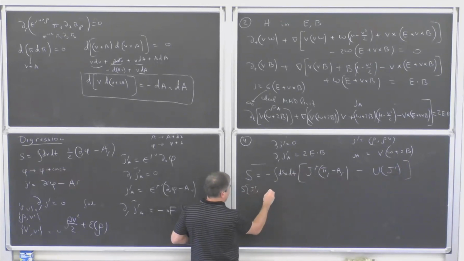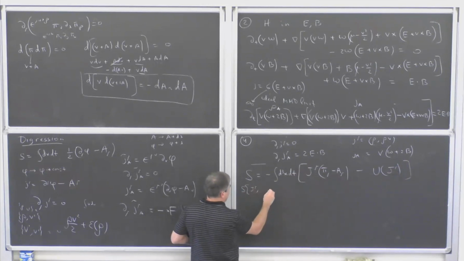And here, pi_mu, and this is very important, is just a notation for the following combination of fields. Okay. So instead of velocity and density, I have the current j, which will be identical to rho v, which I will use later.